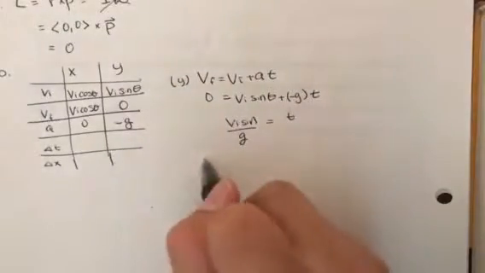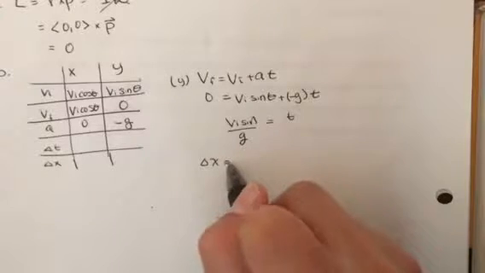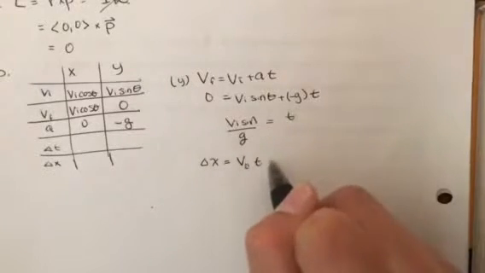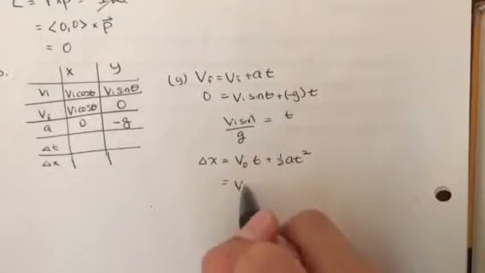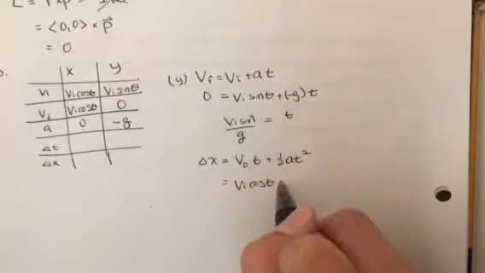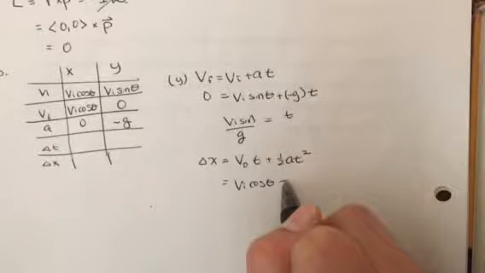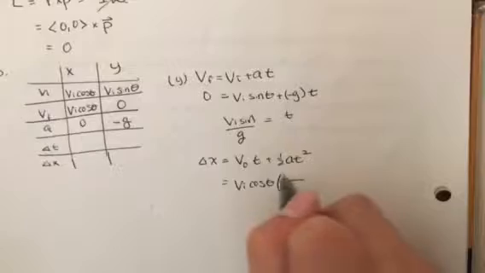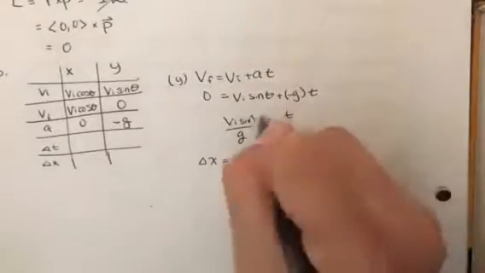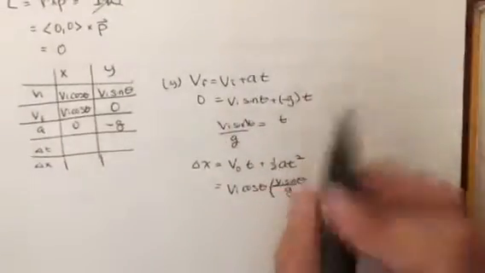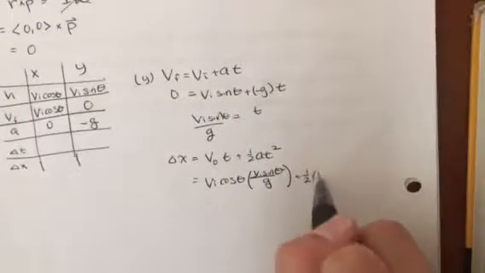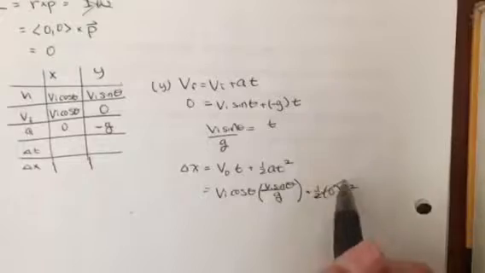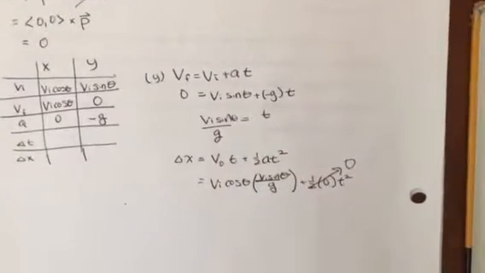So then for x, delta x is going to be equal to v naught t plus 1/2 acceleration times time squared, which is then equal to vi cosine theta times time, which is vi sine theta over g, plus 1/2 acceleration, which is 0, so the t squared term becomes 0.